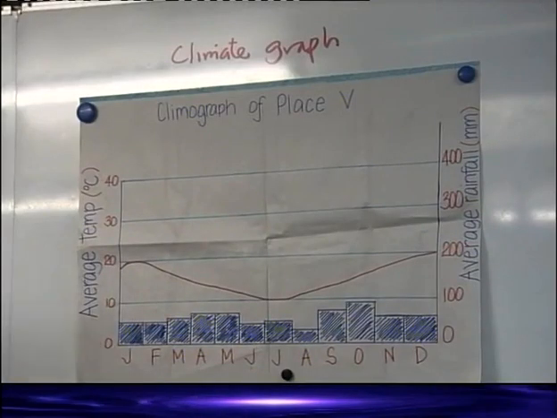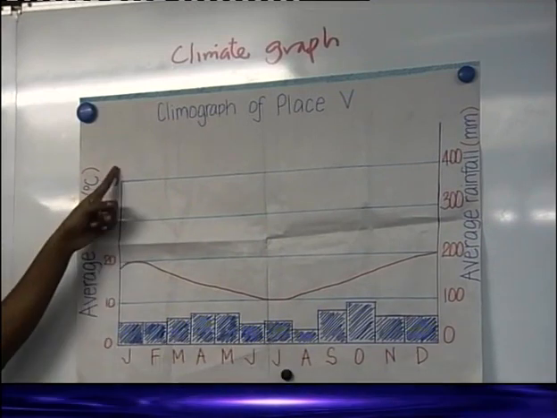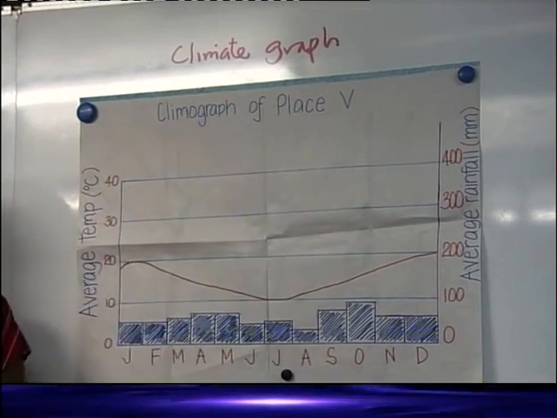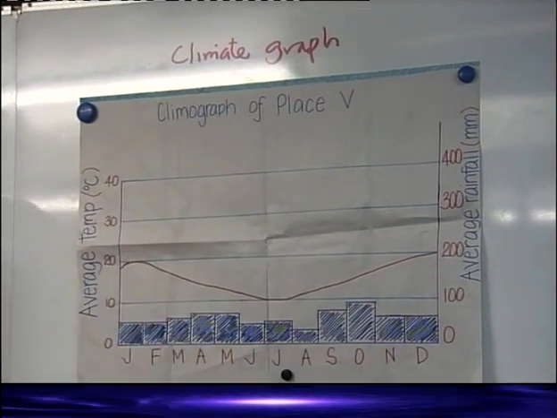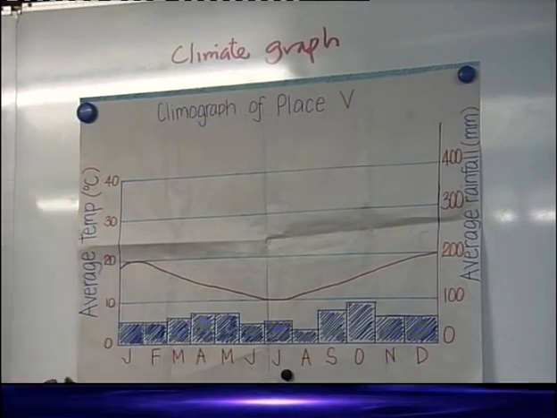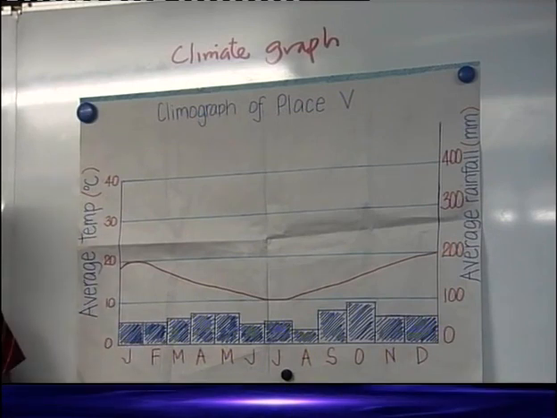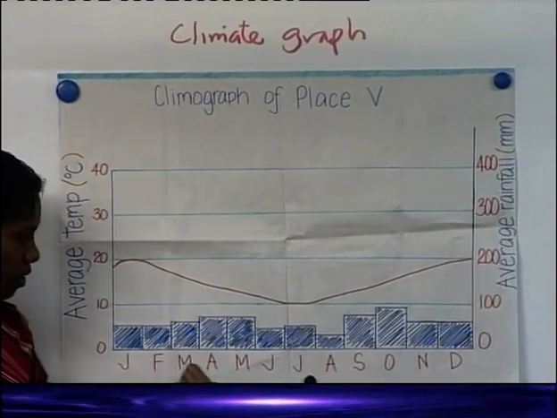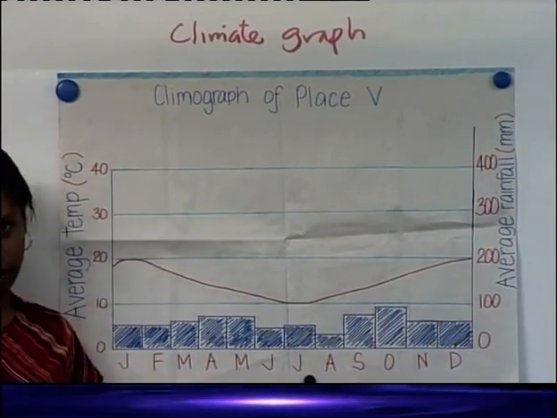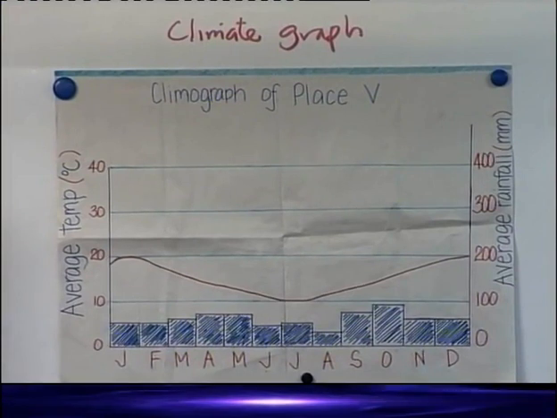Everyone look up here, receiving students and HCs. Here I have a climograph of place V. On the climograph, what do we have here on the horizontal axis? This is the horizontal axis, right? We have the months. Why do we have the months here?